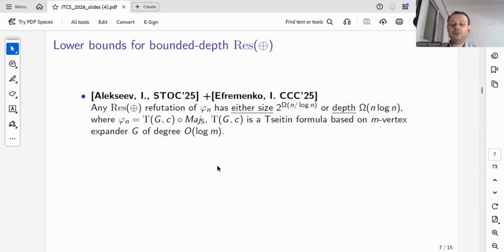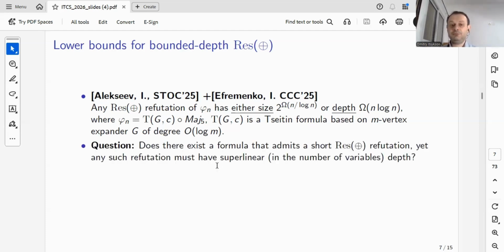The natural question is whether this formula actually has a short refutation, but superlinear depth, or it doesn't have a short refutation at all. The main question addressed in our paper is the following.